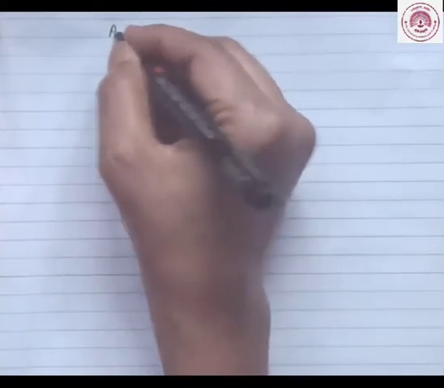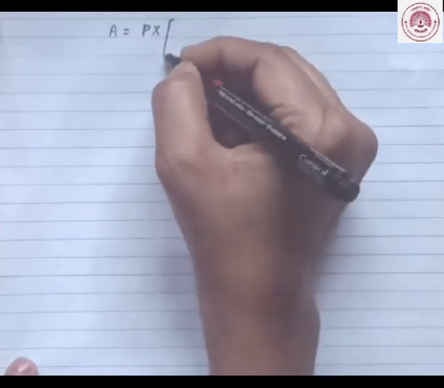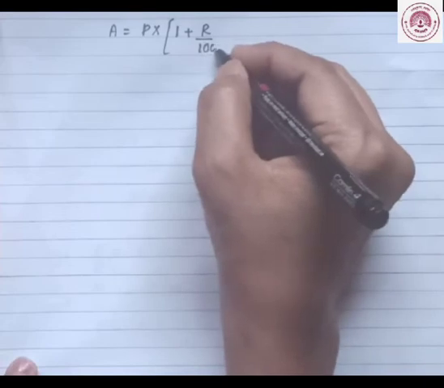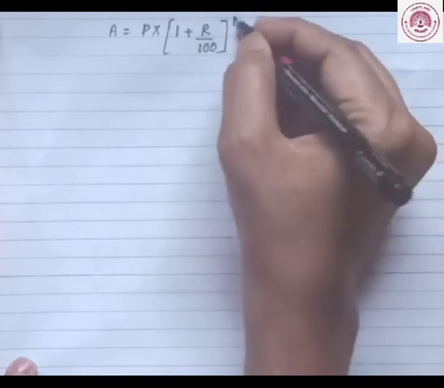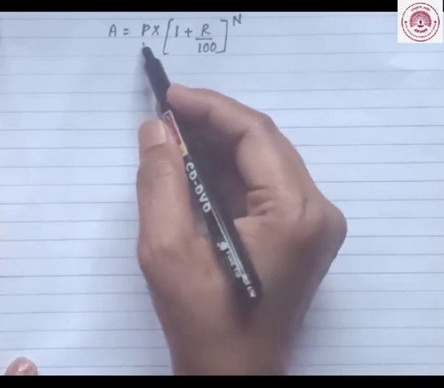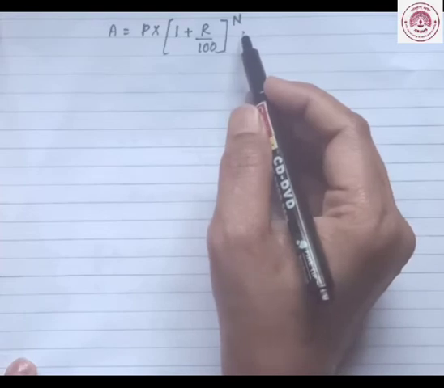Now we will see the formula to find the amount received after n years on principal P at rate of interest R. So the formula is A equals P multiplied by bracket 1 plus R upon 100 raised to power n, where A is amount, P is principal, R is rate of interest and N is number of years.